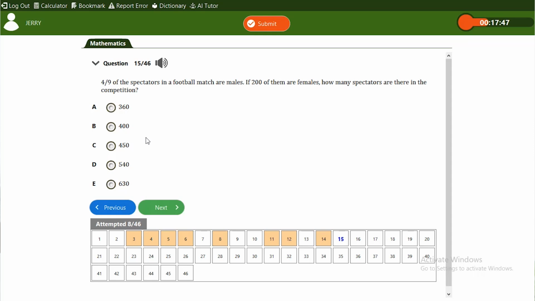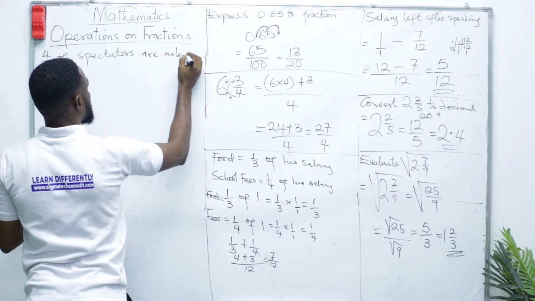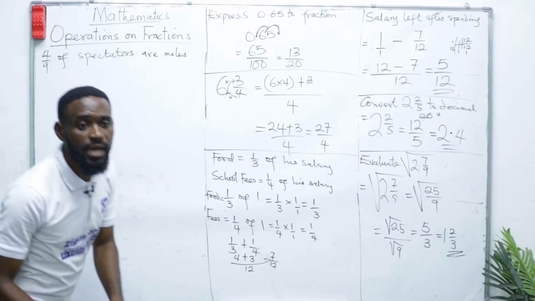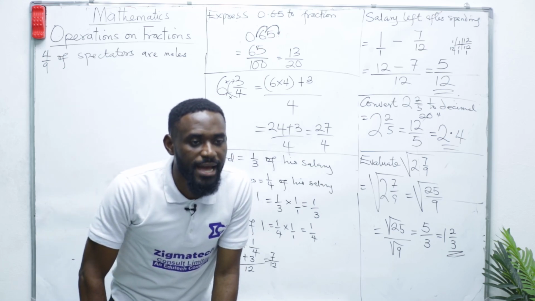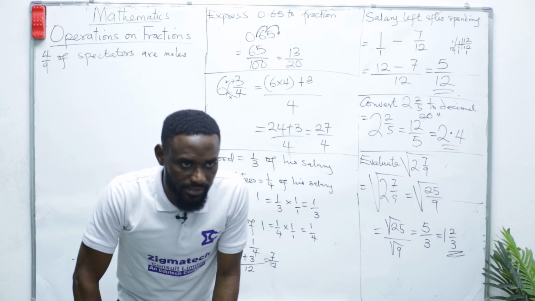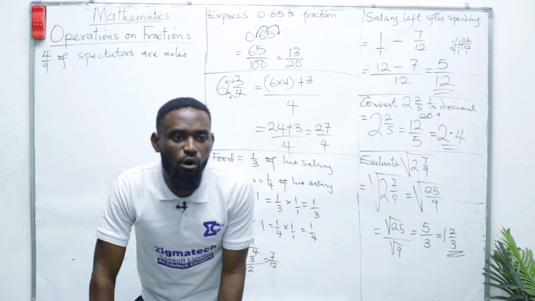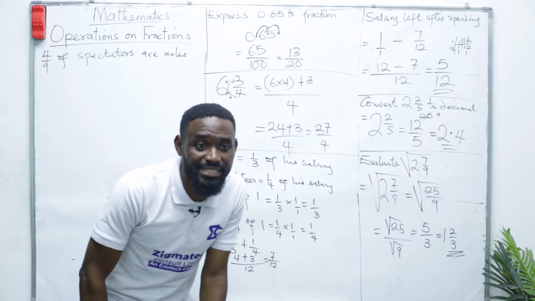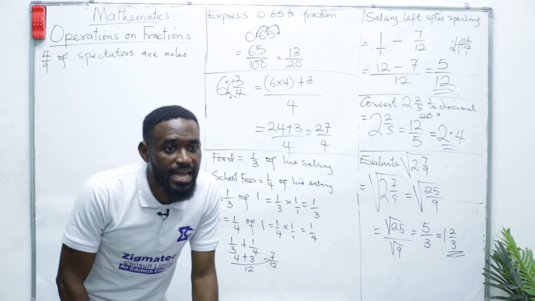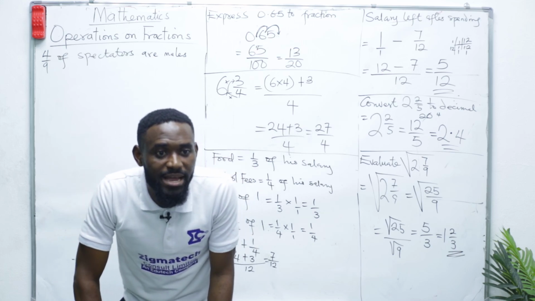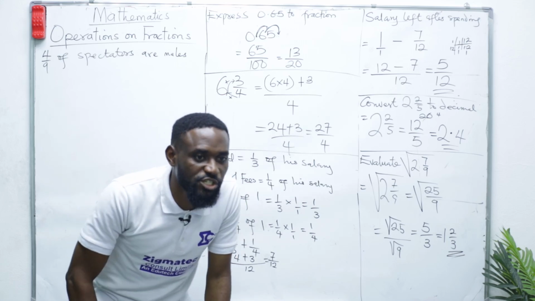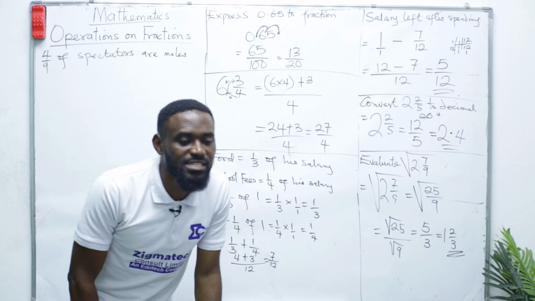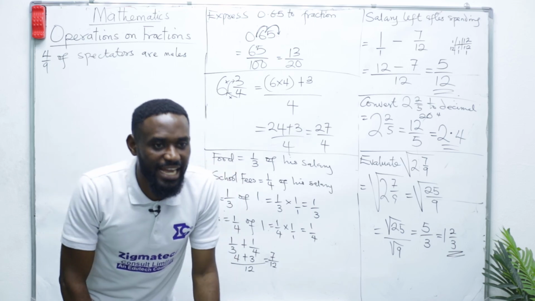Now, if 200 of the spectators are females, how many spectators are there in the competition?